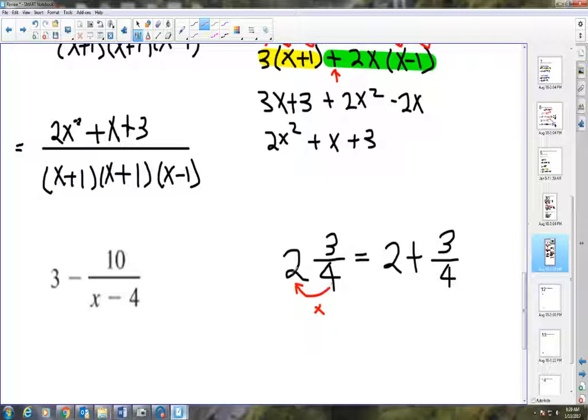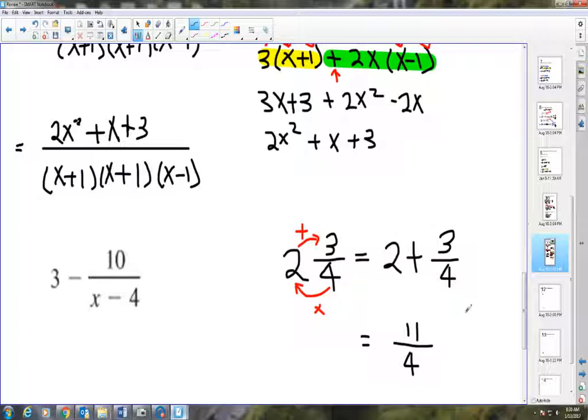Now thinking back, to convert a mixed number into an improper fraction, we normally take the denominator times the whole number. That will give me an 8. Then we will add on to the numerator. And the reason why we add to the numerator is because there is supposed to be a plus sign right here between the whole and the fraction. So 4 times 2 is 8 plus 3. That will be 11 over 4.